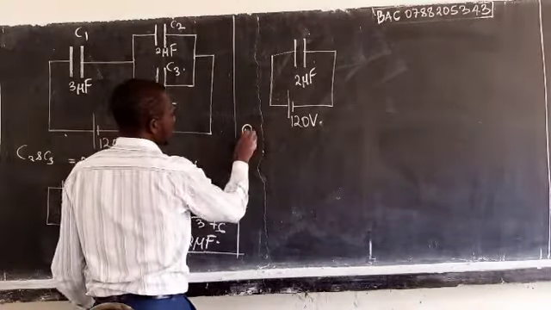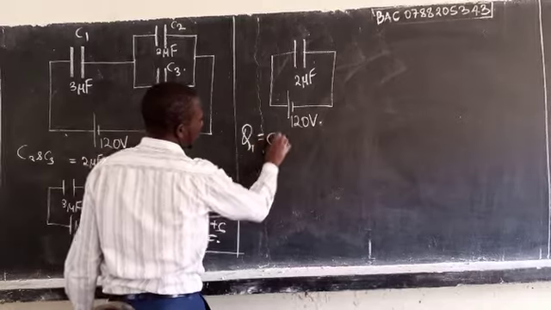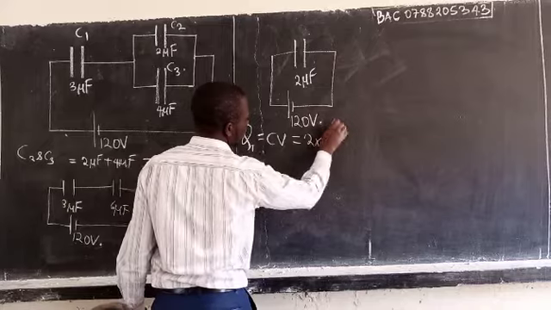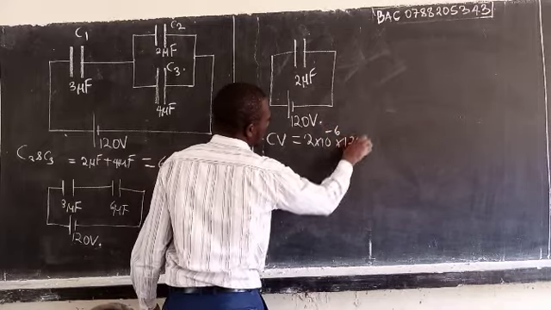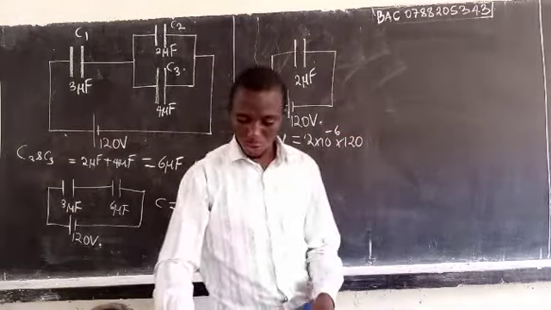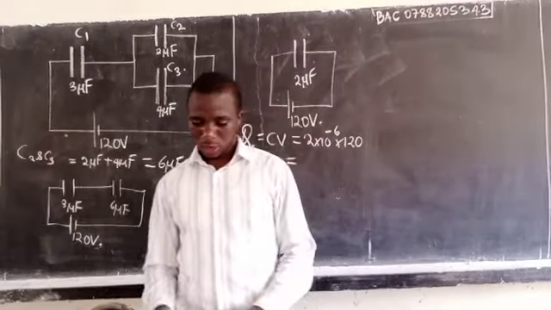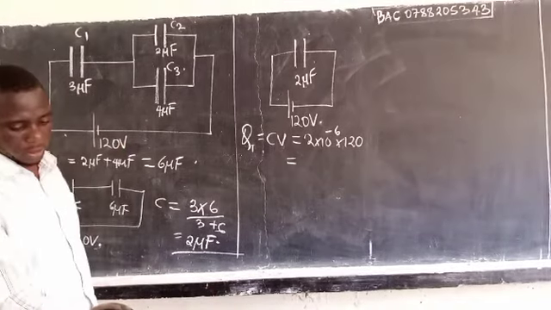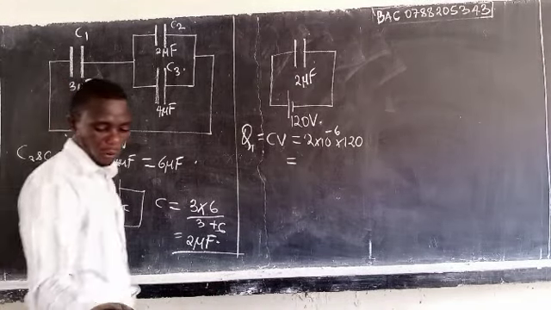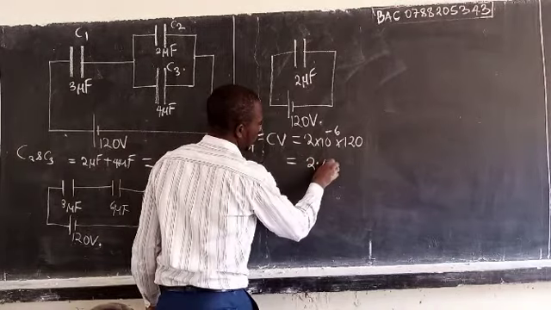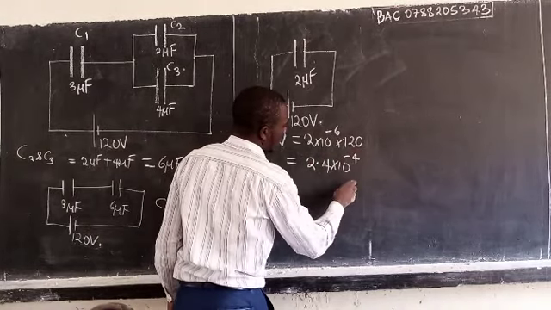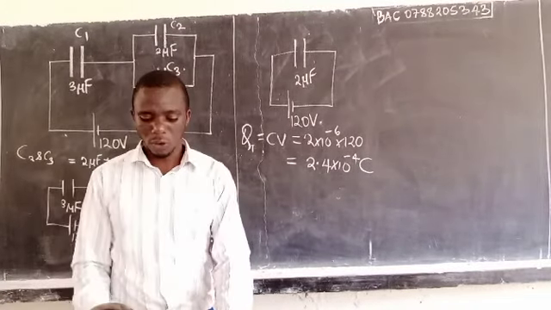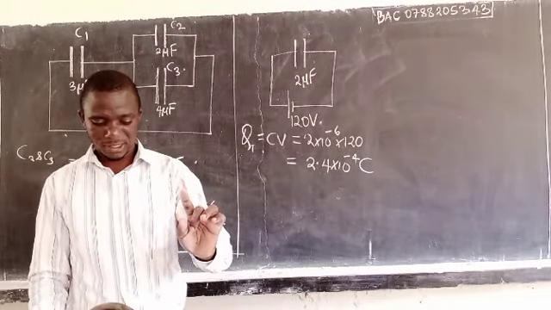Total charge is CV, you know that, and capacitance is 2 exponent negative 6, then V is 120. When you perform the calculation, the 2 then 120 gives you 2.4 exponent negative 4 coulombs.